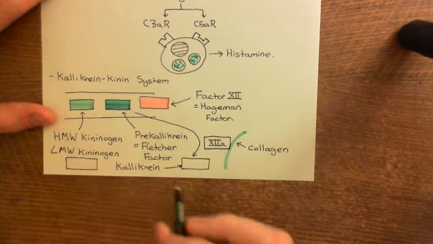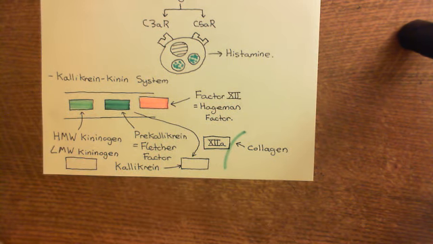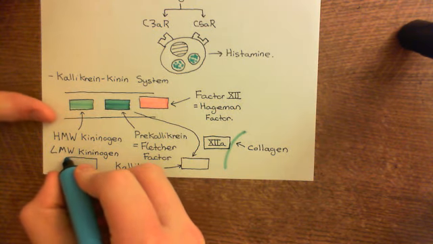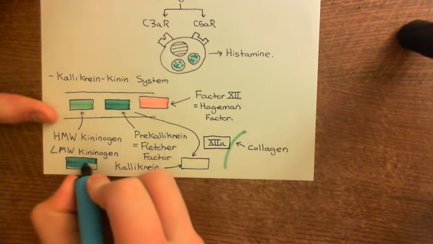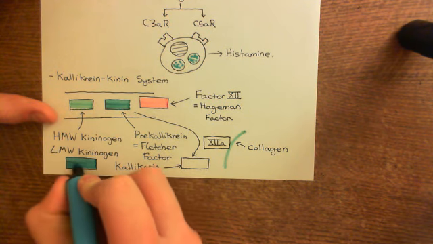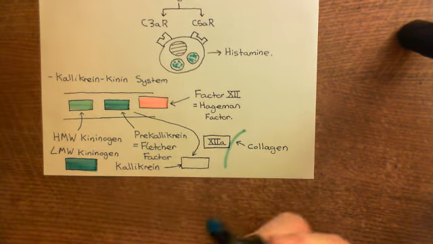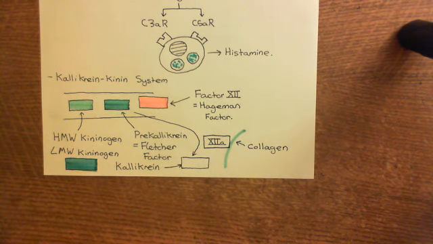Now, kallikrein is going to work on both high molecular weight kininogen, which has come out of the blood and into the interstitial fluid of the synovium, and it's also going to work on the low molecular weight kininogen, which was already in the interstitial fluid of the synovium. Now what's it going to convert them into?